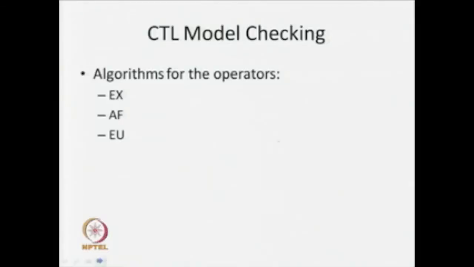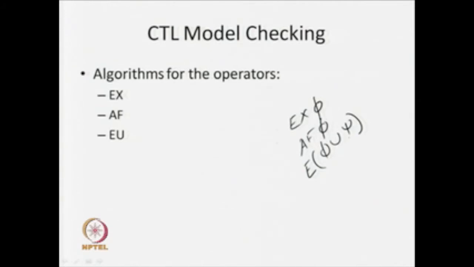In the last class we saw three algorithms, for EX, AF and EU. EX phi means there exists a path where in the next state phi holds. AF phi means on all paths, phi holds in the future. E phi until psi means there exists a path such that phi remains true until psi becomes true.